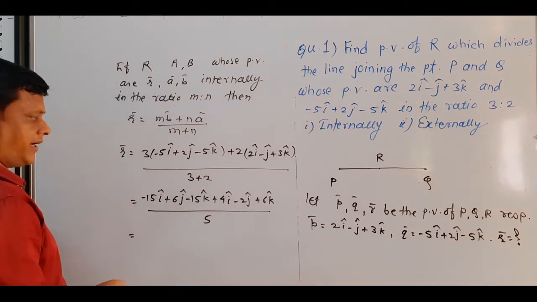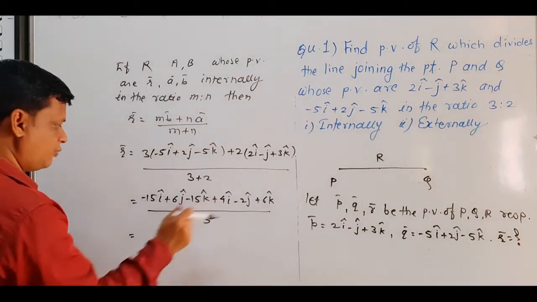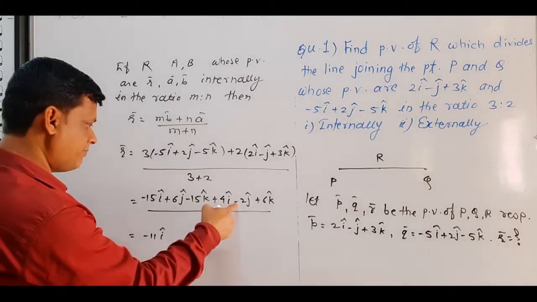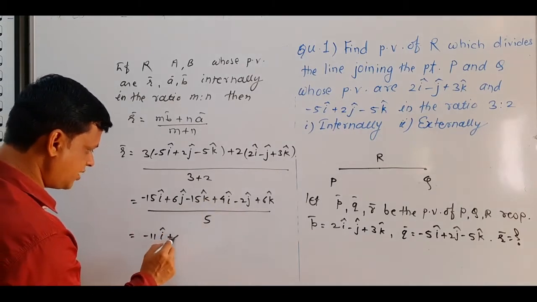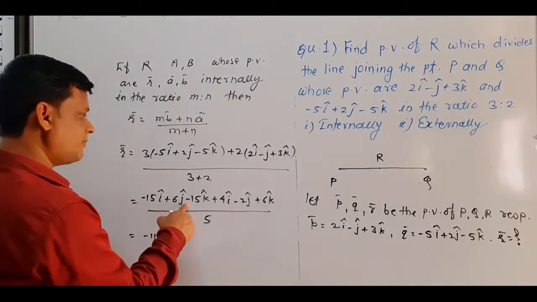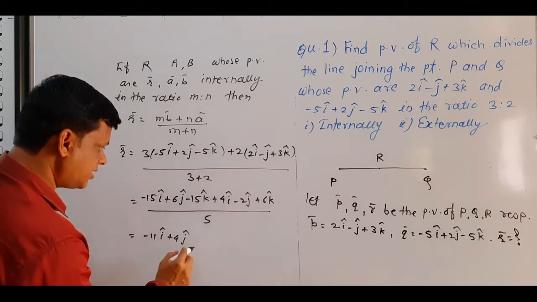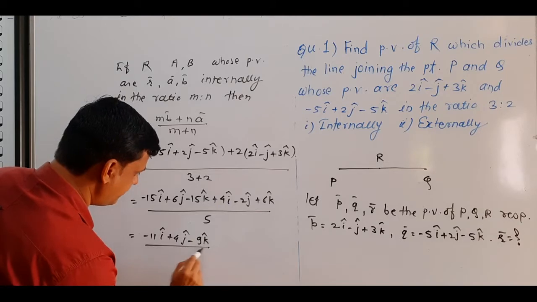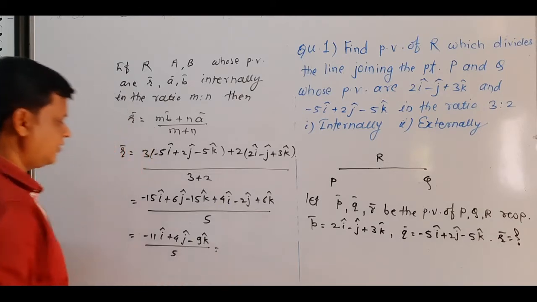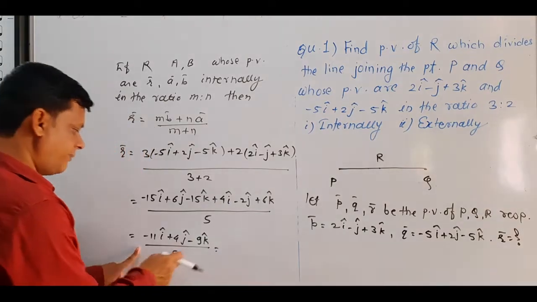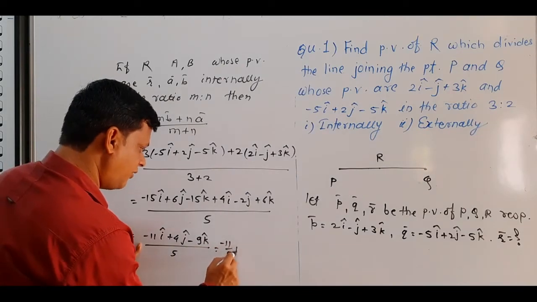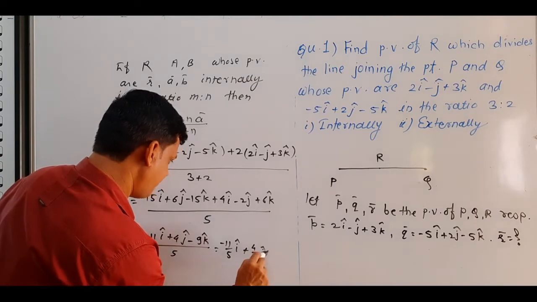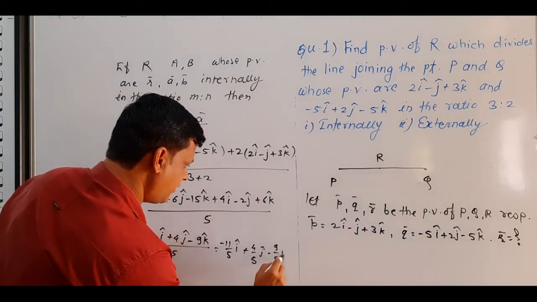So add the like terms: minus 15i plus 4i equals minus 11i, 6j minus 2j equals plus 4j, minus 15k plus 6k equals minus 9k, upon 5. So this is the position vector. You can separate the terms: minus 11 by 5 i plus 4 by 5 j minus 9 by 5 k.